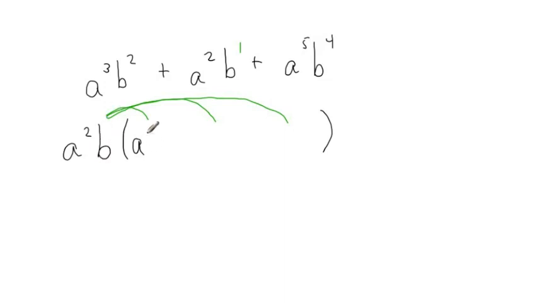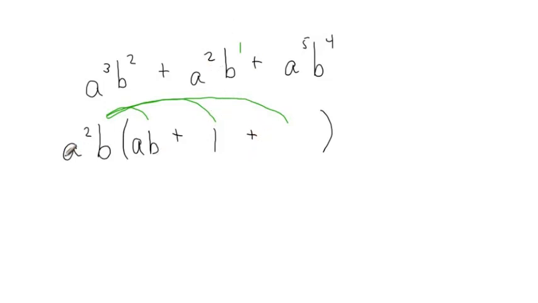B times b will give me b squared. Add that to a squared b times what gives me a squared b. I'm not changing anything, so in order to multiply, I should multiply by 1 to not change the value. A squared b times 1 will give me a squared b.